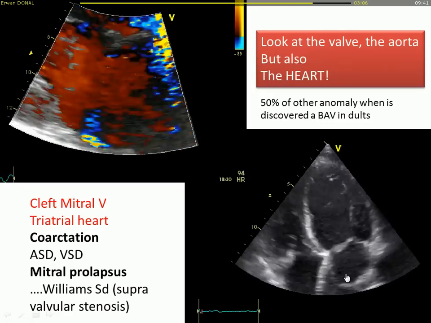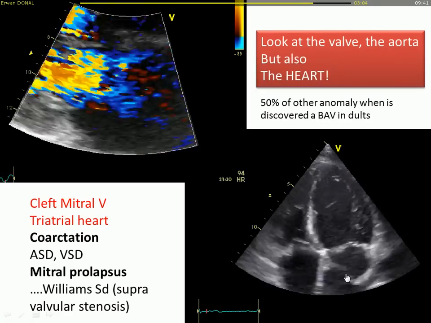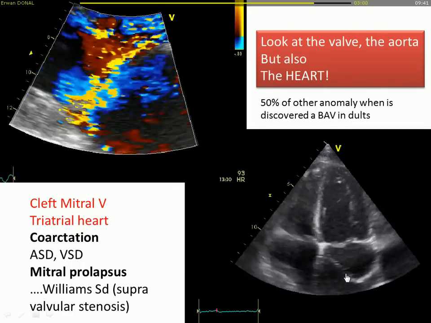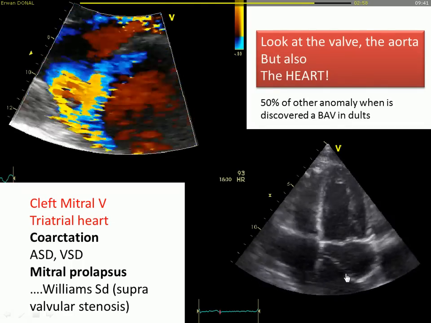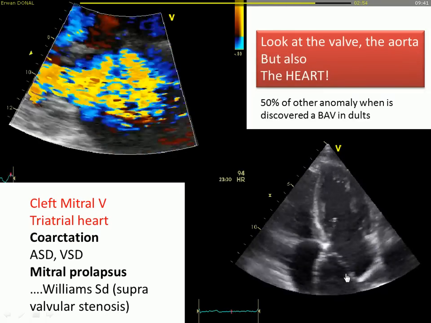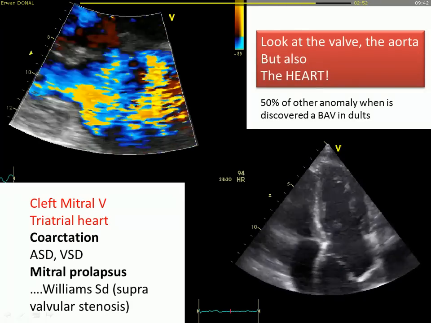So look at the valve, look at the ascending aorta, but also look at the heart very carefully, because sometimes you will find an ASD, a VSD, or maybe a triatrial heart, as I did 2 weeks ago.